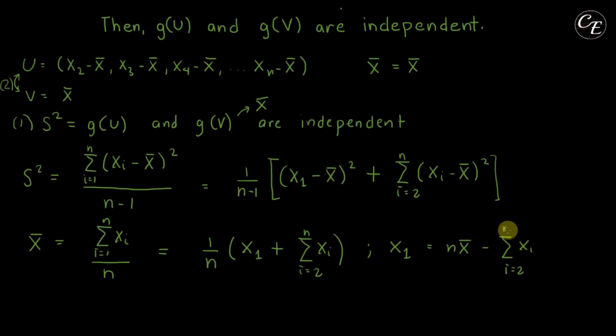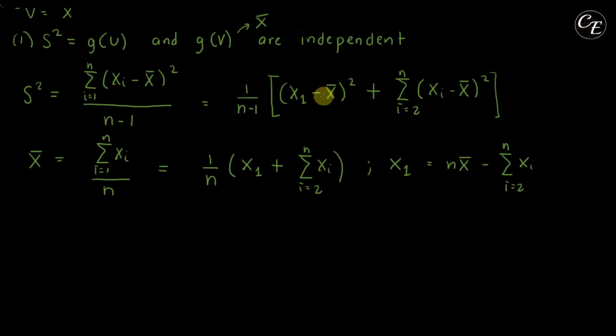So now x sub 1 minus x bar will be this term minus x bar. Since we have x bar in here, this one will become n minus 1 times x bar, minus the summation of x sub i from i equals 2 to n.